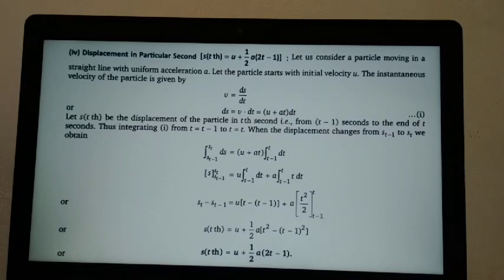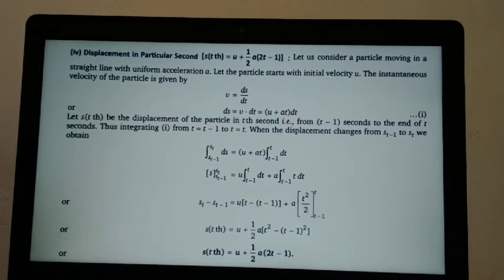So integral ds will become s within the limit s(t minus 1) to s(t), which is equal to integral t minus 1 to t u dt plus integral t minus 1 to t at dt. Since u and a are constants, they can be taken outside the integral sign.